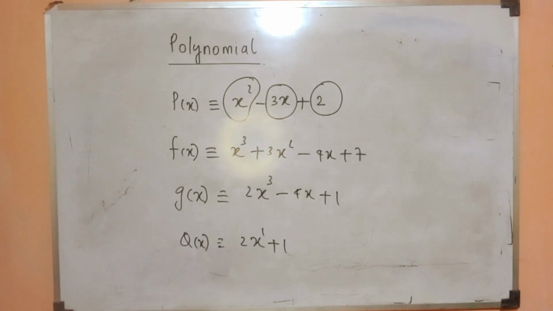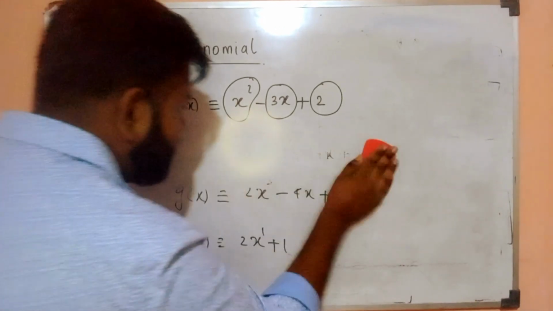Now we'll see some examples which cannot be polynomials. Consider this one.